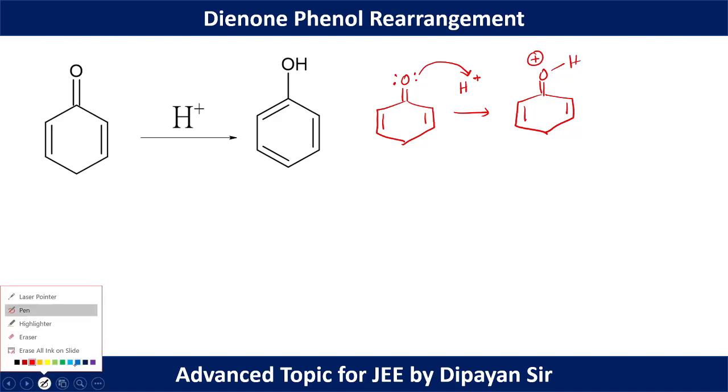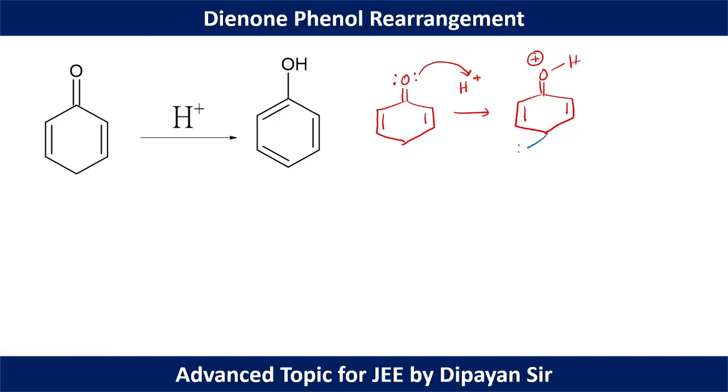Now we have two hydrogen in this position. If we break this CH bond, this will come here and finally this oxygen will become neutral and the final molecule will be aromatic in nature. So this is basically dienone to phenol conversion.